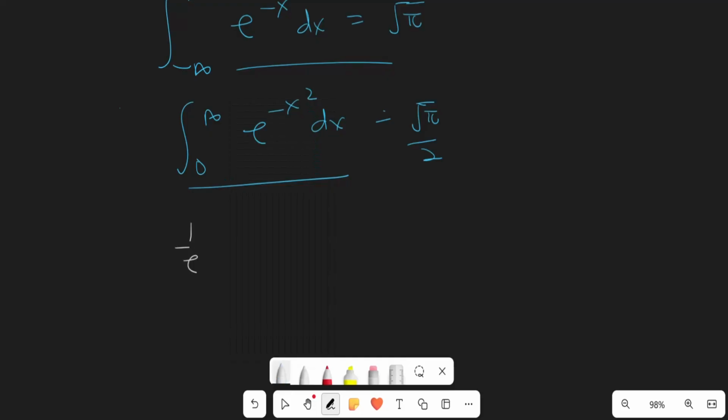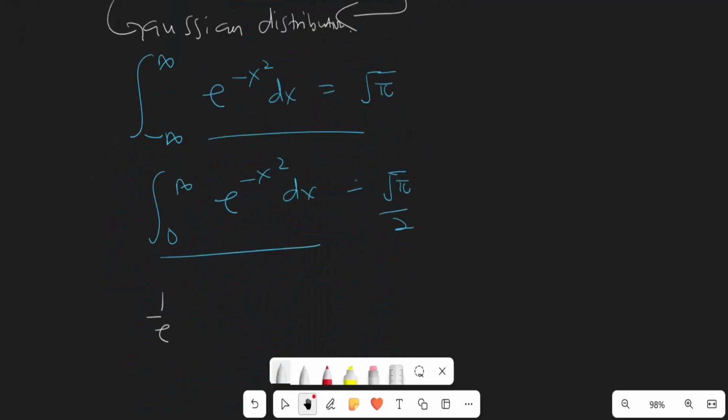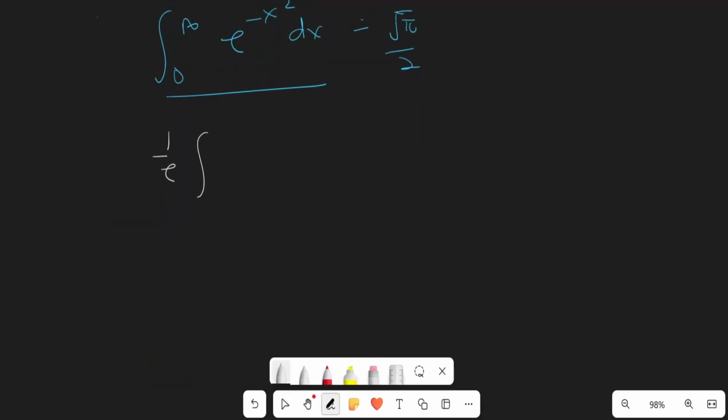So in that case, our integral 1 over e times the integral from 0 to infinity of e to the negative u squared du is going to be 1 over e times the square root of pi over 2, and that should be the square root of pi over 2e.